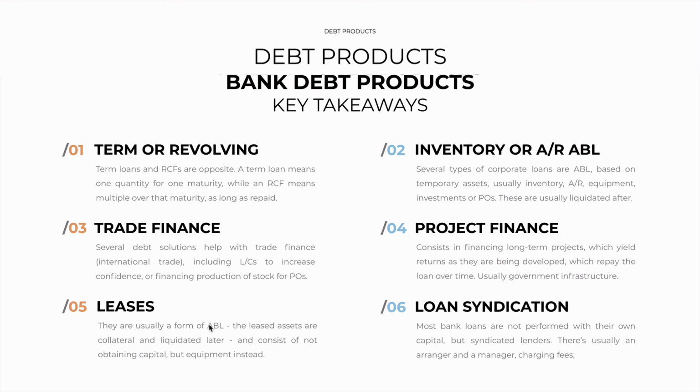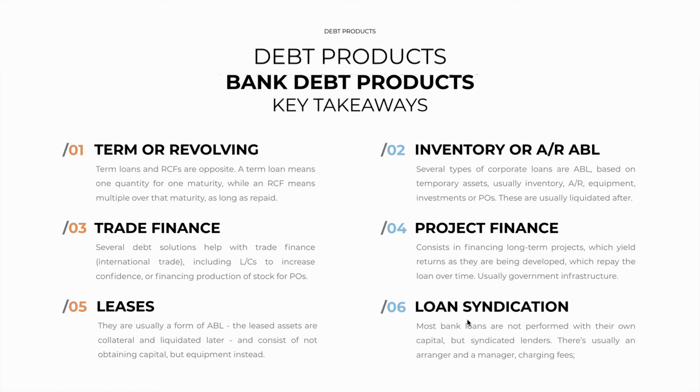They consist not of obtaining capital, but obtaining equipment or a vehicle and paying interest on those borrowed assets. And if the borrower takes ownership, they can be liquidated after. In other words, you can borrow 100 million to lease a fleet of Mercedes for 5 years and then take ownership of them after those 5 years to sell them and then lease new Mercedes.